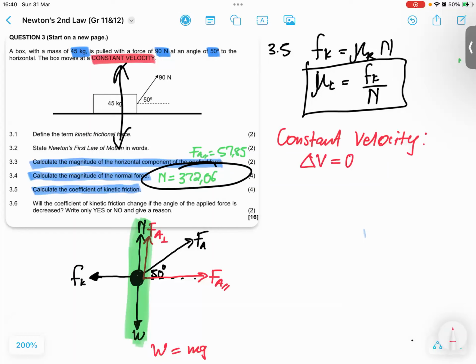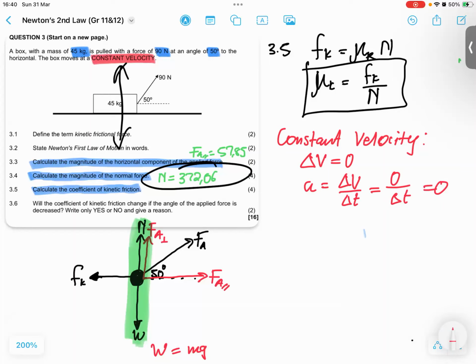And then if there's no change of velocity, we know that acceleration is the rate of change of velocity. So if there is no change of velocity, the acceleration will also be equal to 0, right?